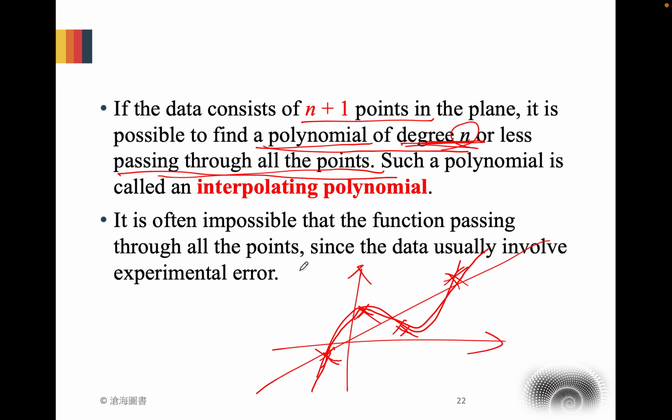Okay, so in this case, we would rather find a simpler polynomial to fit the distribution. And it's often impossible that the function passes through all the points, since the data usually involves experimental error. So if we only allow you to use a straight line to describe the data points, then this straight line will not pass through all the data points.